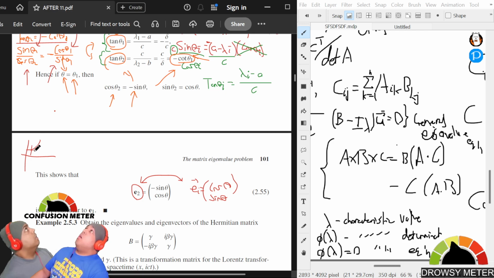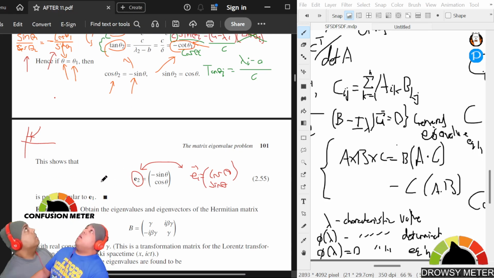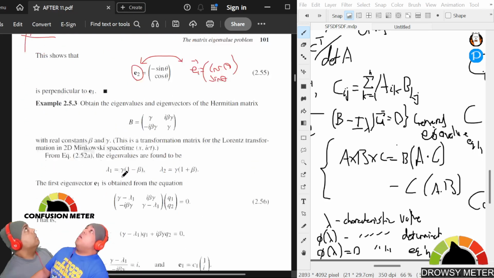So cos 90 should be 0, so the dot product of these should be 0. Sine theta times cos theta is minus sine cos theta. This times this is minus sine theta cos theta. This times this is positive cos theta sine theta. Add them up, you get 0. Okay, good.